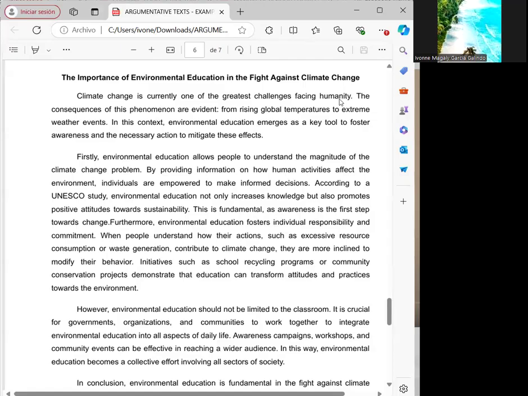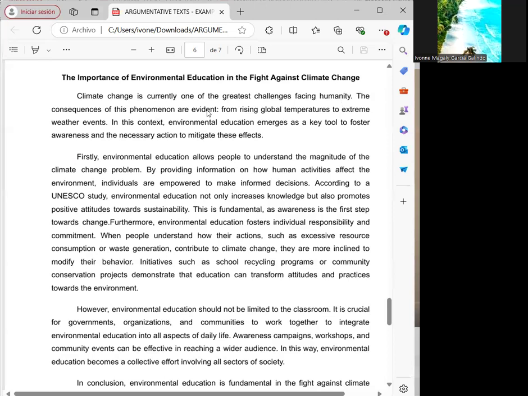And now I'm rebuilding that, if you see, in an argumentative way. But by empowering individuals with environmental knowledge and critical thinking skills, this can be done not only for schools, but also for society. That will be a good main idea, and it fits perfectly for this test.